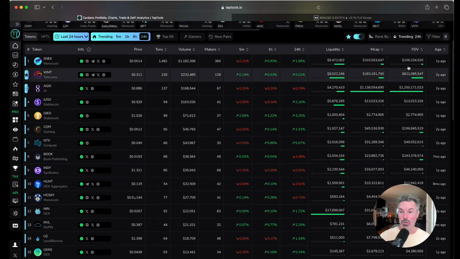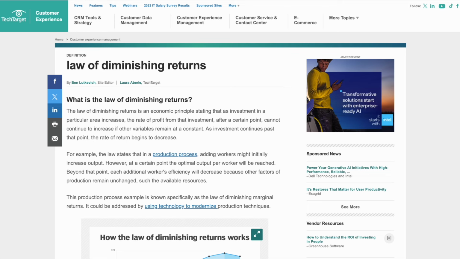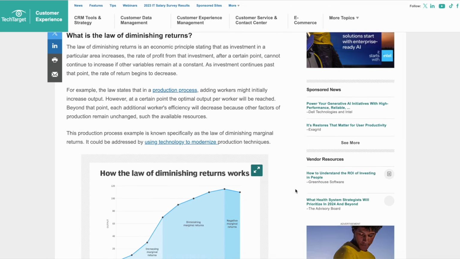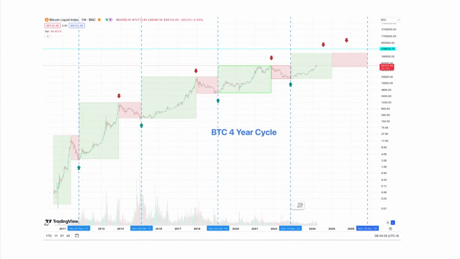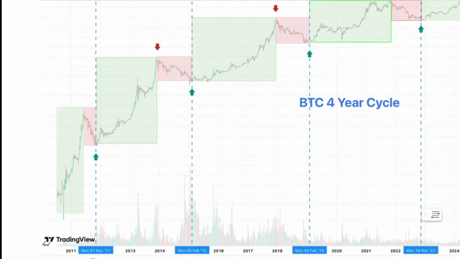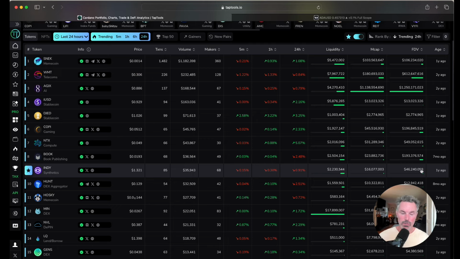But every single one of these projects here has not been involved in a bull cycle. So there's something called the law of diminishing returns. After a project has its first major massive bull cycle, the next bull cycle will be less. You'll still go up, but it'll be less. And the next bull cycle, it'll be less. And mind you, these cycles are generally 4 years of time.